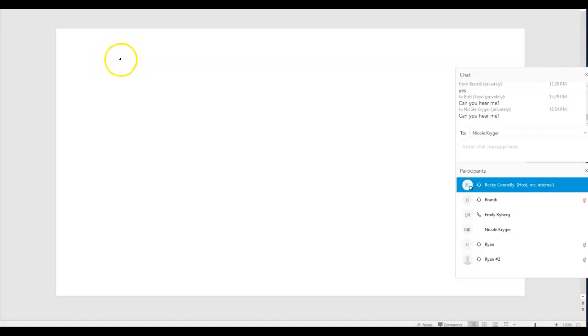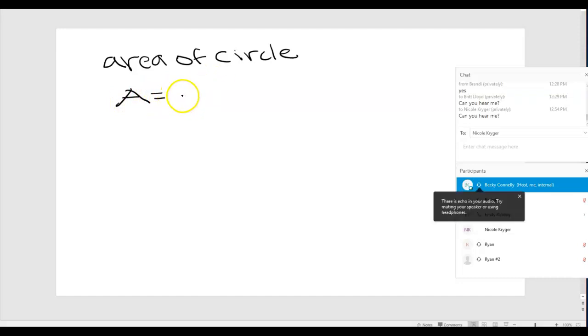All right, so the area of a circle. When we're asking the area, what's the formula for that? No, that's for circumference. So area is pi times radius squared.